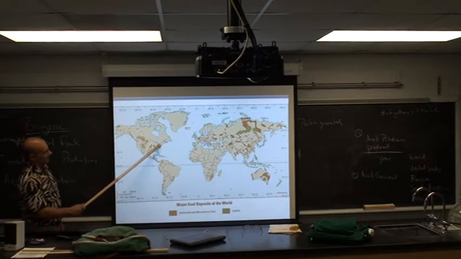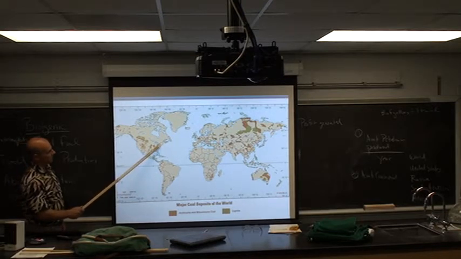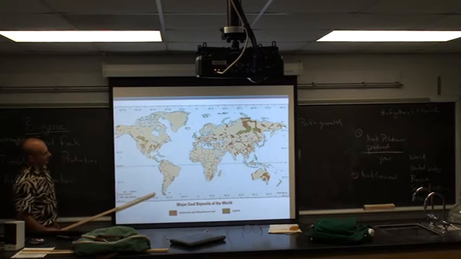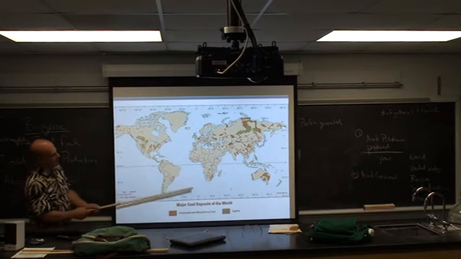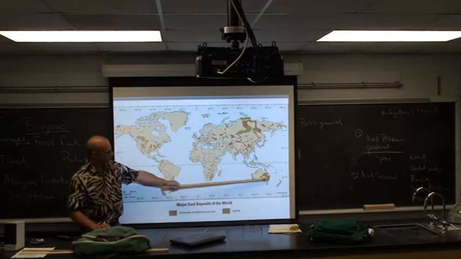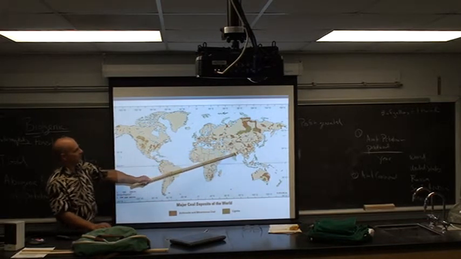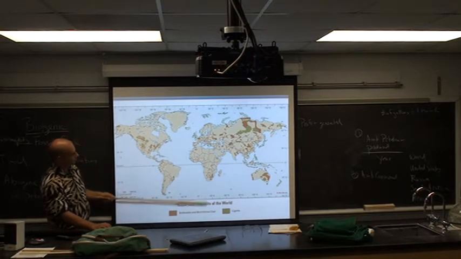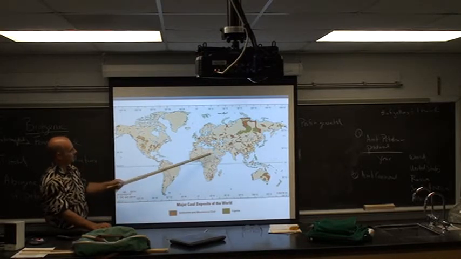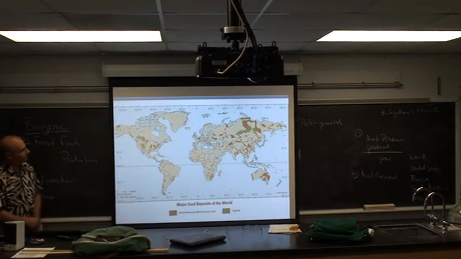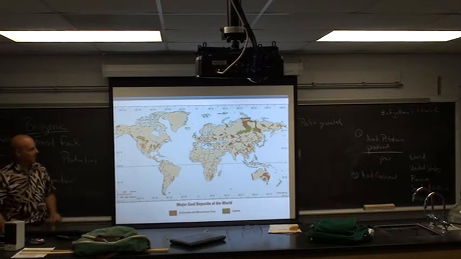And anthracite, we've got some here in the eastern part, a lot in Wyoming. We've got some there in the breadbasket. Kind of spotty here, but look at the other big deposits. Australia, Russia, China. Not a whole lot in parts of Africa or South America. So not so much in tropical areas.